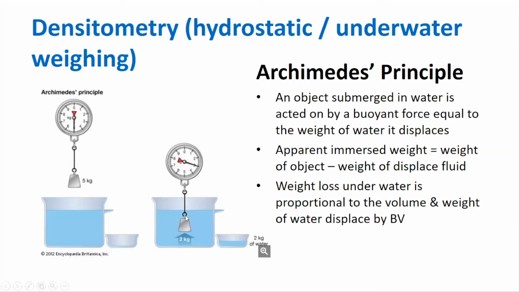The water that was displaced by submerging the weight was 2 kilograms, which essentially is 2 liters of water. So you'll notice that the difference between 5 and 3 is 2. So the volume of this weight is 2 liters. And we determine this by taking the difference of the mass in air and subtracting the mass underwater.